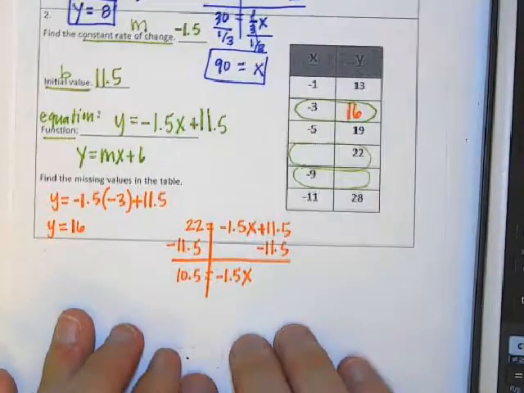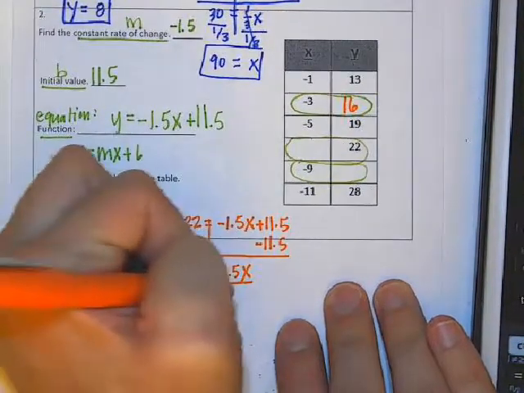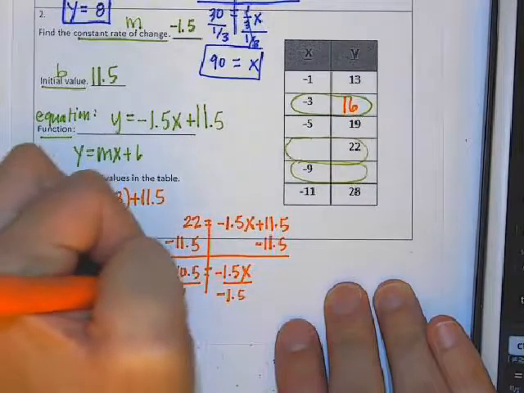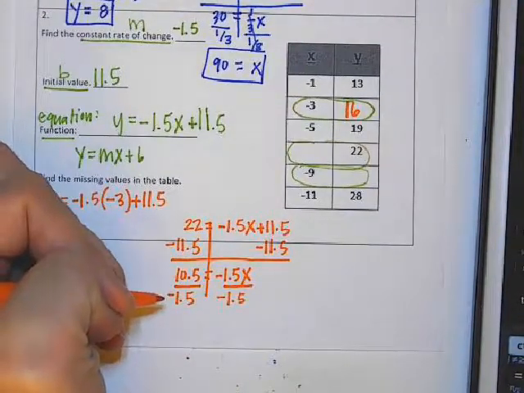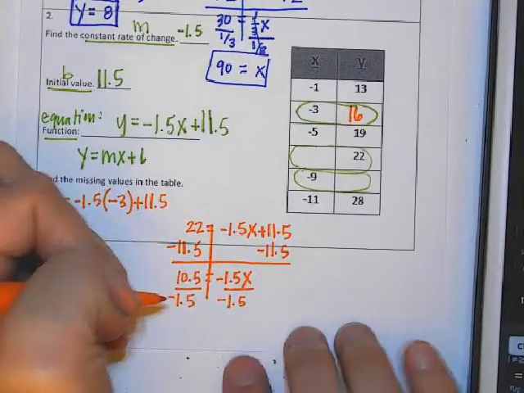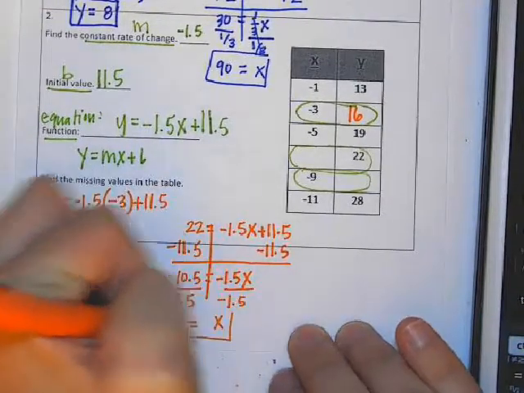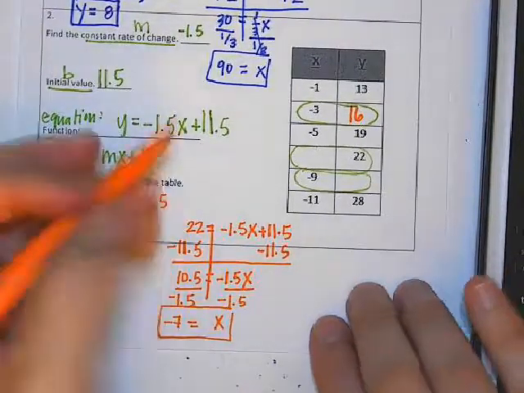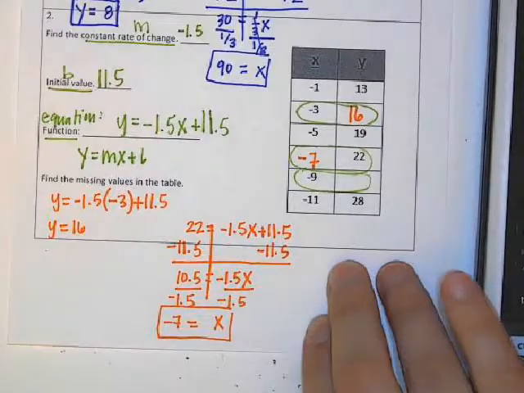Now what? Divide by the number in front of x, which is negative 1.5. So 10.5 divided by negative 1.5 gives me x equals negative 7. So when y is 22, x is negative 7.